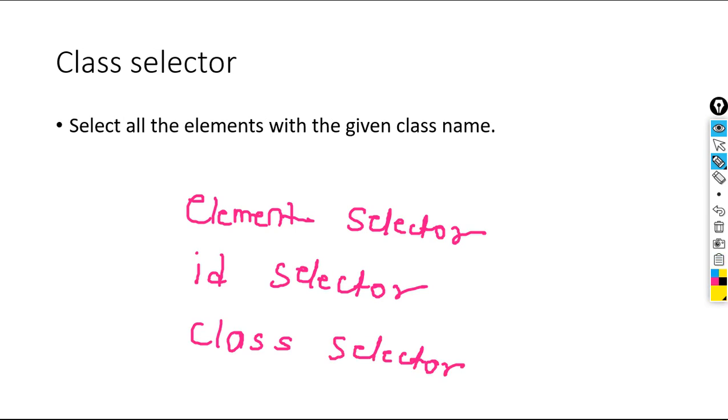We use element selector to select all the elements with same tag name. Why we use id selector? We use id selector to select particular html element. Id should be unique. Why we use class selector? We use class selector to select multiple html elements with same class name. Class name can be same.